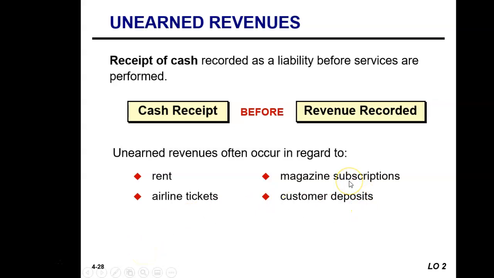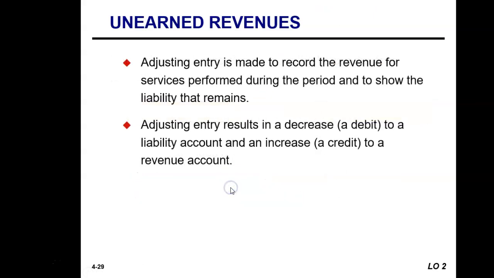Or maybe you pay for a magazine subscription for 2 years in advance. For the magazine company, that is known as unearned revenue. They receive cash before providing the actual product. We have to make an adjusting entry at the end of the accounting period to show how much of the unearned revenue has been recognized by the end of the accounting period.